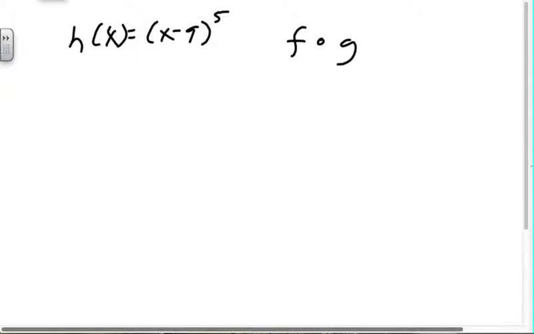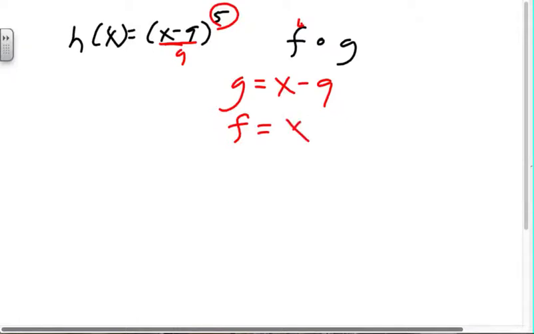Okay, well, what I always do is I start on the inside here. And that's going to be my g. So I'm going to let g equal x minus 9. All right, and what I'm doing to that then is I'm going to raise it to the 5th power. Now remember in f o g, you take this in and put it in for x in here. So f now is going to equal x to the 5th.